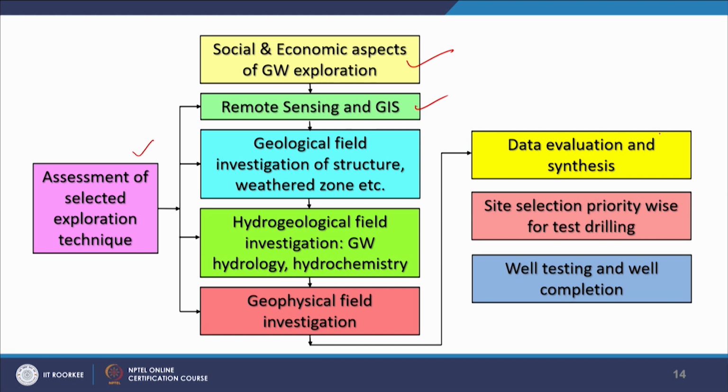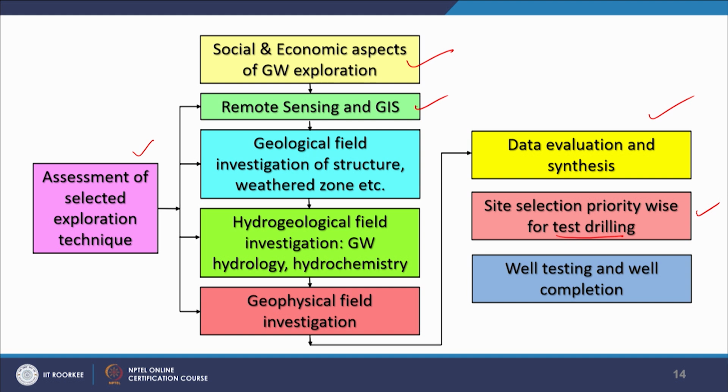After this we go for data evaluation, as per the economy, and the synthesis. Then site selection, priority wise, for test drilling: which is the most suitable site where we have a high chance of water, that we will go for test drilling. It is not just like in the field where a coconut has moved and you go and start drilling. No, that is not a scientific method.